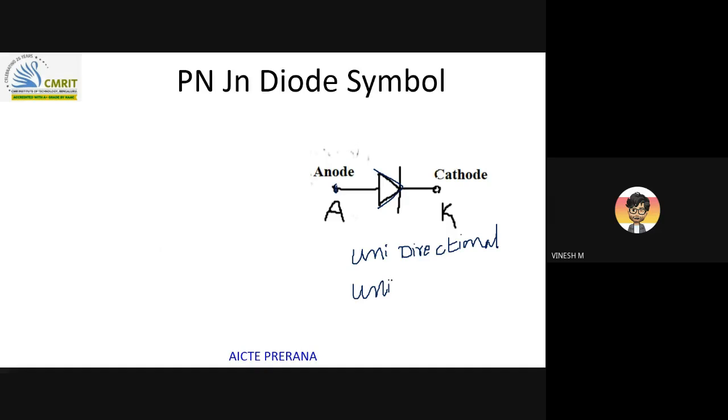Unipolar, sir. Unipolar. Any other answers? I'll repeat once again what I told. Let us say the diode resultant current is forward current, right? So that forward current is because of electrons or holes or both.